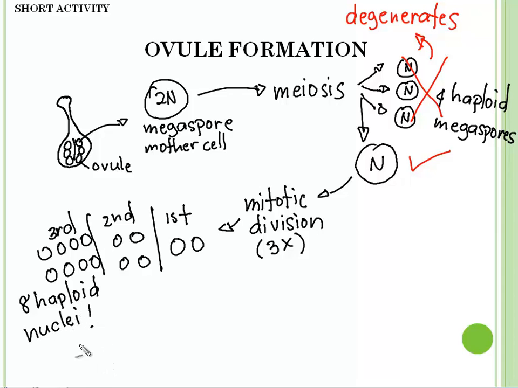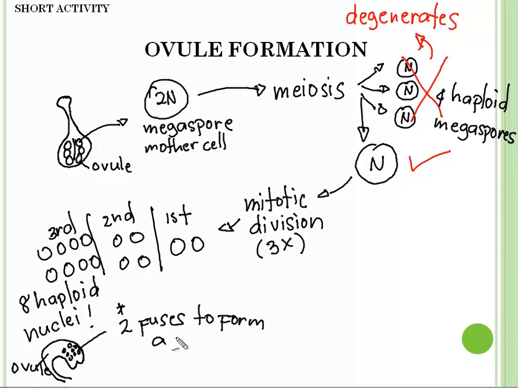So where can you find all of this? They are found inside the ovule. So we have here a rough structure of the ovule containing the 8 nuclei. 1, 2, 3, 4, 5, 6, 7, 8. That is the ovule. 2 of the nuclei will fuse to form a diploid cell.